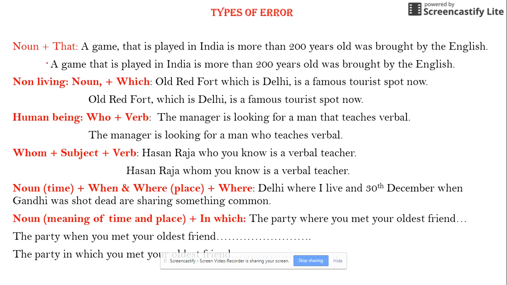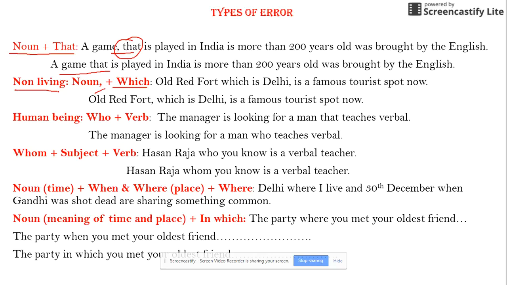Look here, when we talk about that, it should come without a comma. If it comes with a comma, that's incorrect. Look here, a game, comma, that is played in India, more than 200 years old, was brought by the English. So, comma plus that, incorrect. A game that is played will be the correct option. At the same time, when we use which, there must be a comma. In the case of that, no comma. In the case of which, there must be a comma.